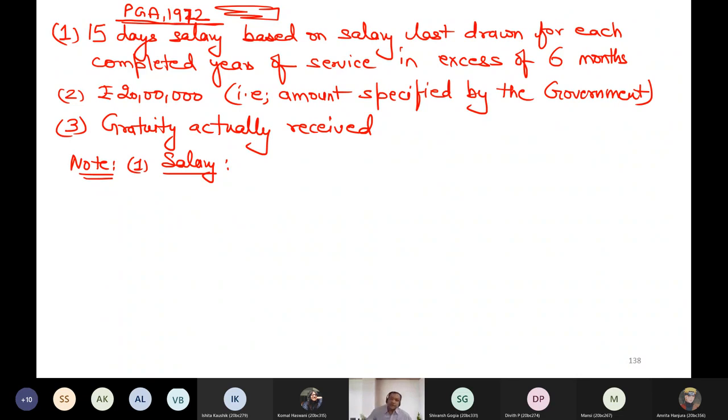So what is the meaning of salary in this case? Two things are included: basic salary plus DA, dearness allowance.